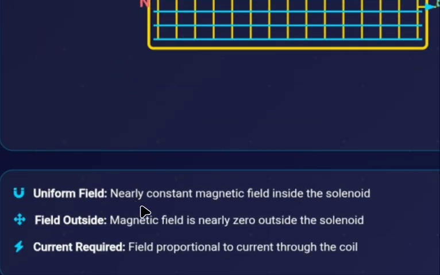Uniform magnetic field, nearly constant magnetic field inside the solenoid, mu naught nI. Magnetic field is nearly 0 outside the solenoid. Field is proportional to current through the coil.